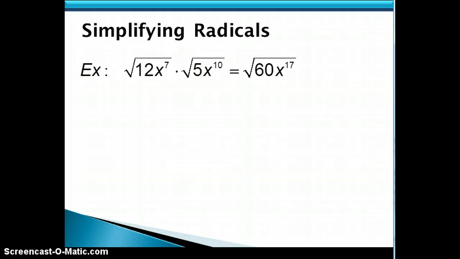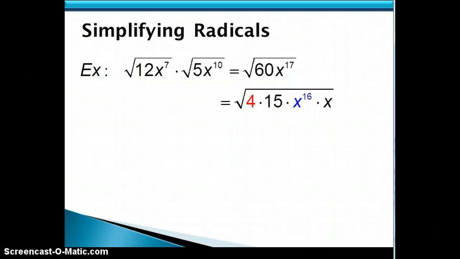You would do that first, and then we want to start splitting this up into perfect square factors under radicals and then the remaining factors under radicals. So for example, 60 we would split apart into 4 times 15, because 4 is the biggest perfect square factor of 60. And then x to the 17th, that's an odd exponent, so x to the 16th would be the biggest perfect square factor of x to the 17th, and we'd have one more x left over as the other factor.